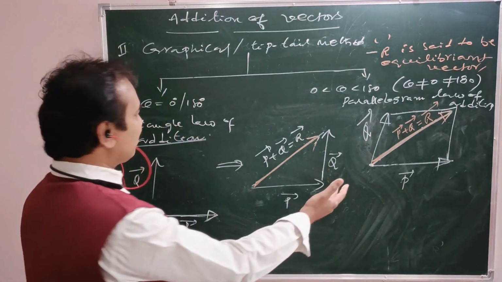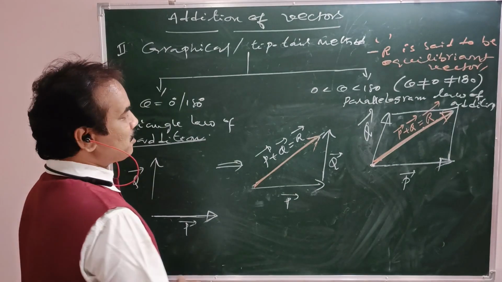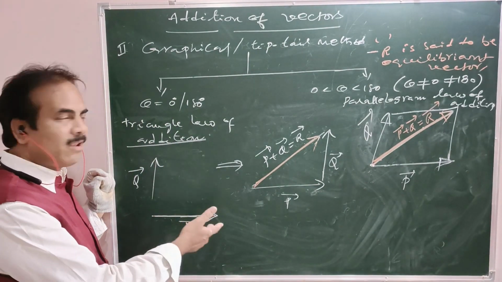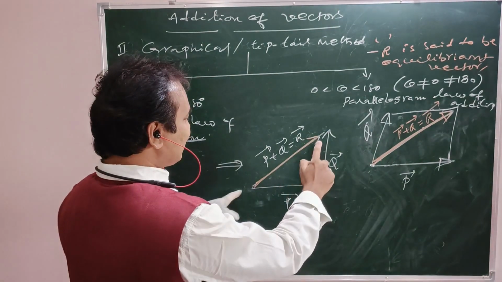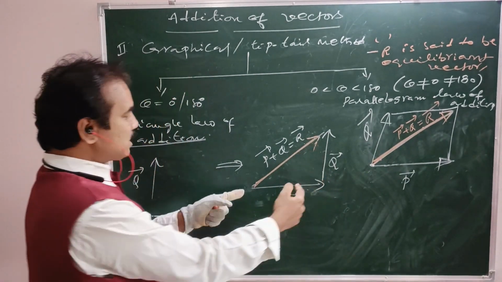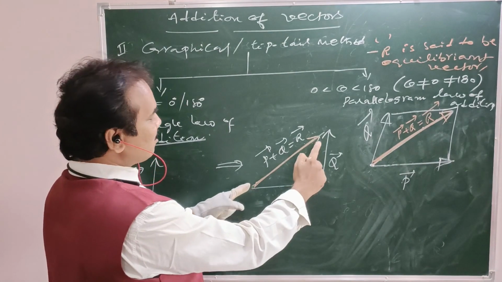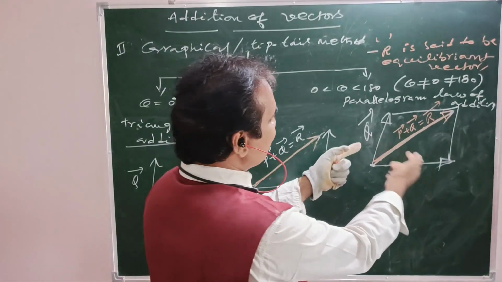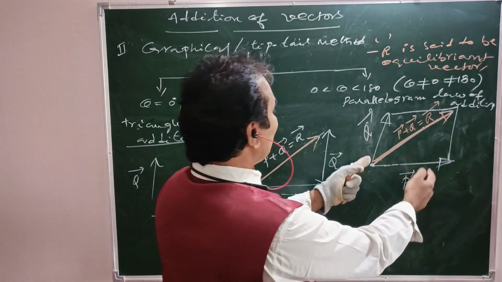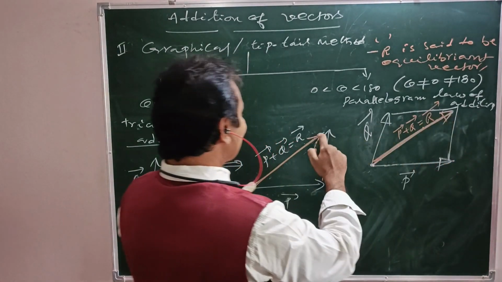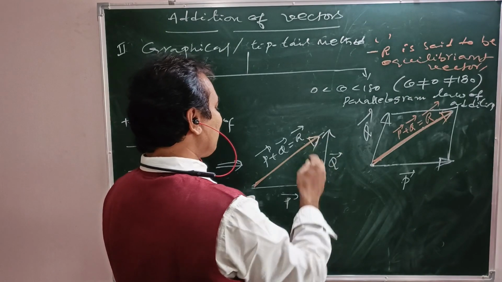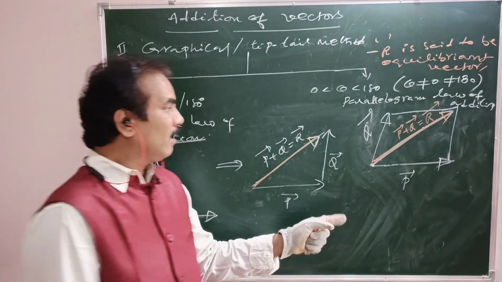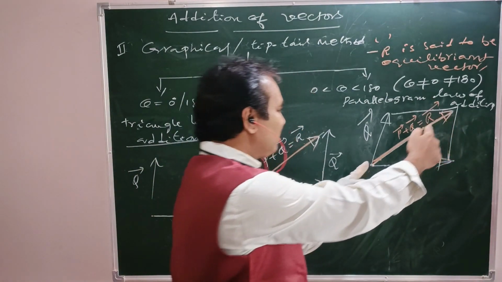See, compare with the previous triangle law of addition. In both cases, the same vectors are added by using either the triangle law or the parallelogram law. This is the resultant in the previous case, as far as the triangle law of addition is concerned, and the same is the resultant as far as the parallelogram law of addition is concerned. See, in both cases the resultant is the same, both in magnitude, that is lengthwise, and in direction.